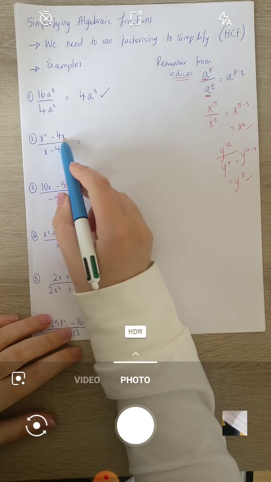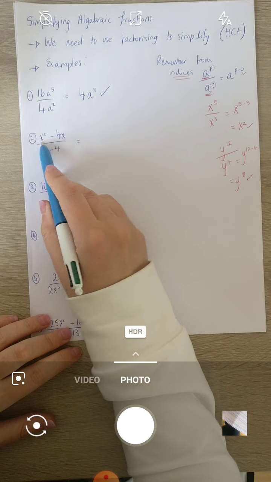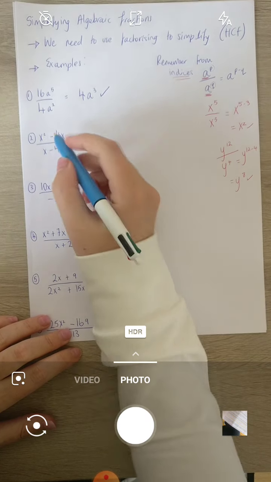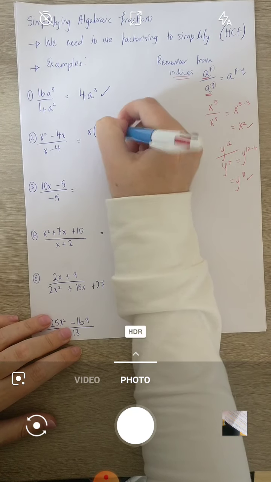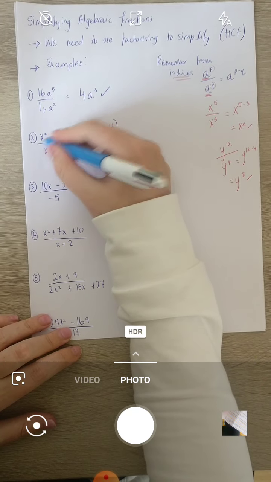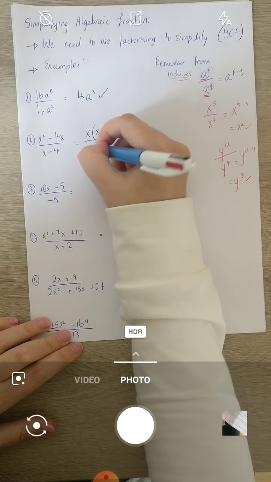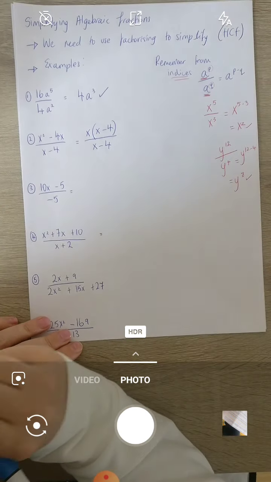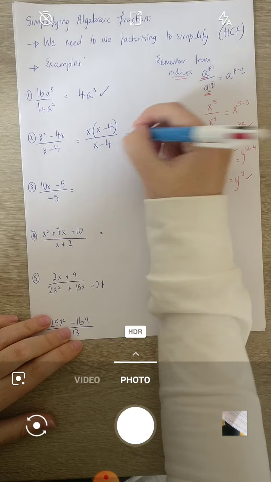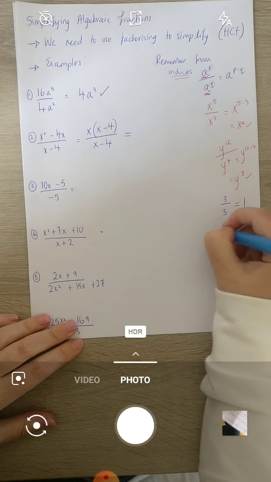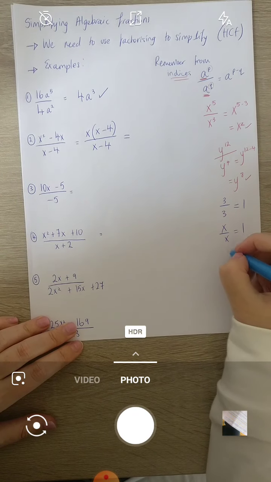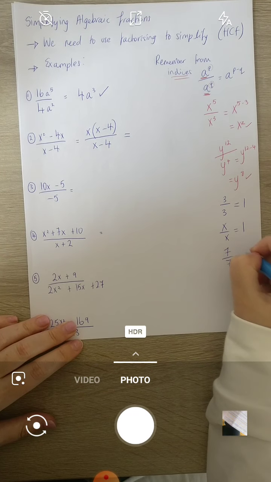Top line here, we can factorize this using the highest common factor. So the top line becomes x times x minus 4, because x is the highest common factor of these two terms, and that's divided by x minus 4. Now this can be simplified further. 3 over 3 is the same as 1, x over x is the same as 1, 7 over 7 is the same as 1.